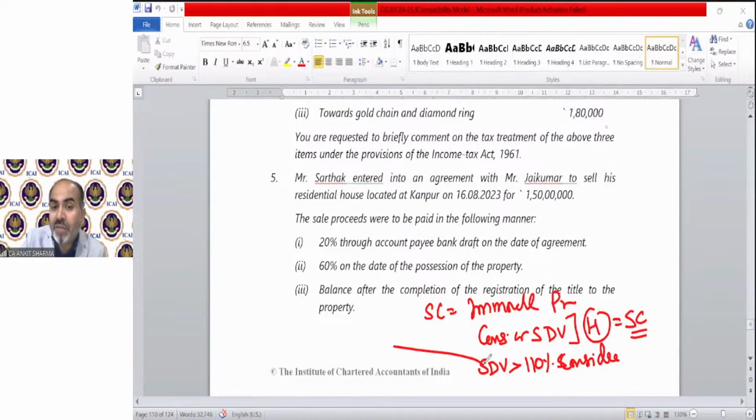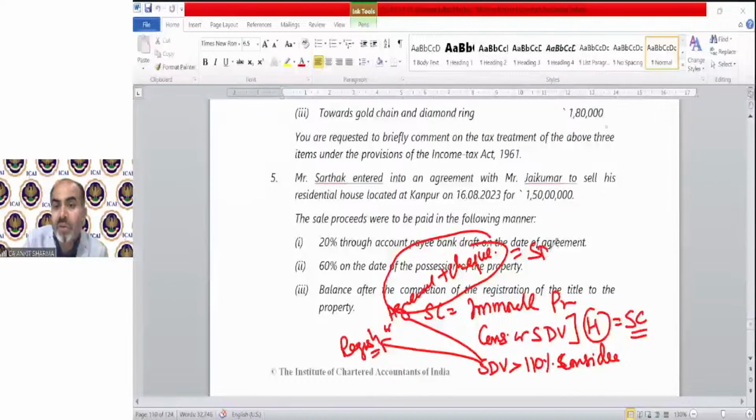And the stamp duty value will be taken at the time of registry, the time of transfer, or if an agreement has been made before the date of transfer in which any amount has been paid via cheque, then that day's stamp duty value will be taken for the purpose of calculation. These provisions we have discussed under section 50C.